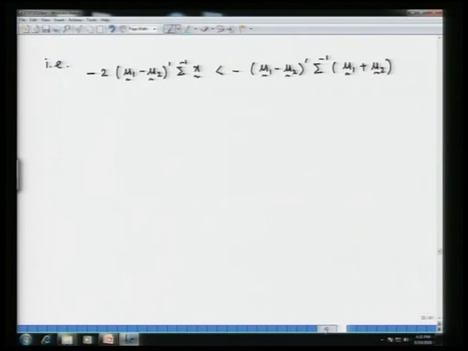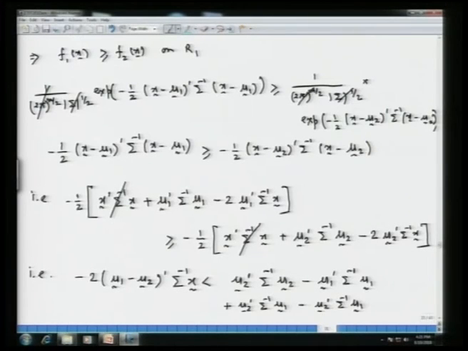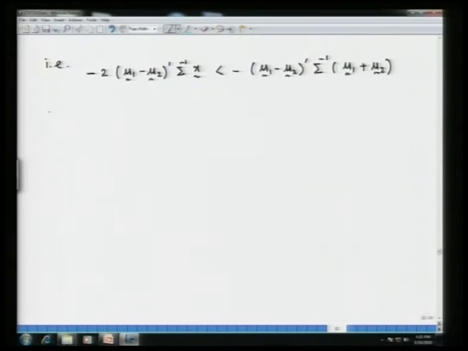That is the term which is coming from this right hand side. So, what we have is this one, that is we have got this mu 1 minus mu 2 prime sigma inverse x, this is greater than half of this mu 1 minus mu 2 prime sigma inverse mu 1 plus mu 2.